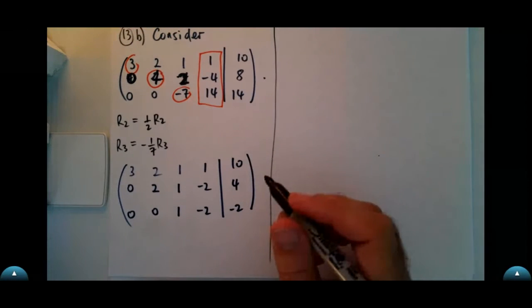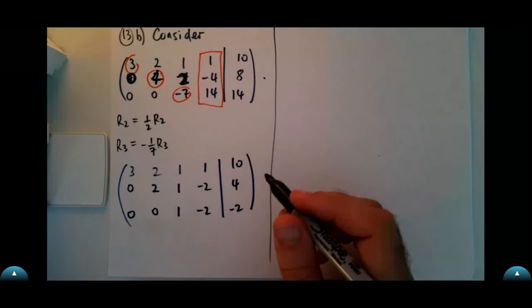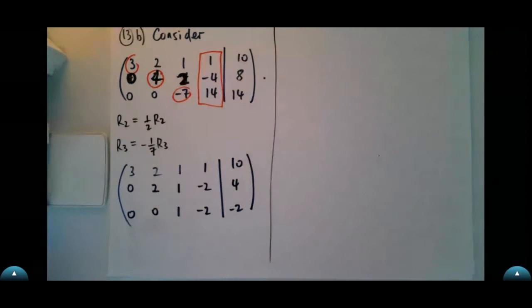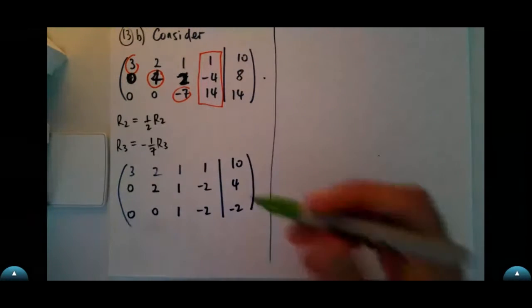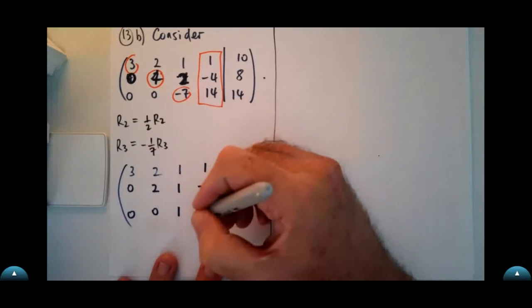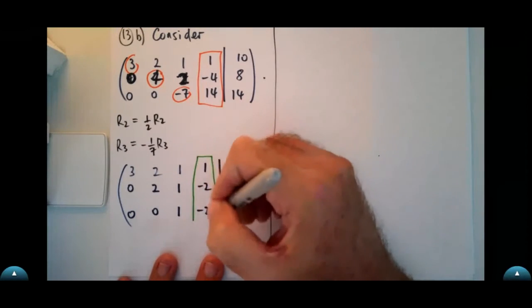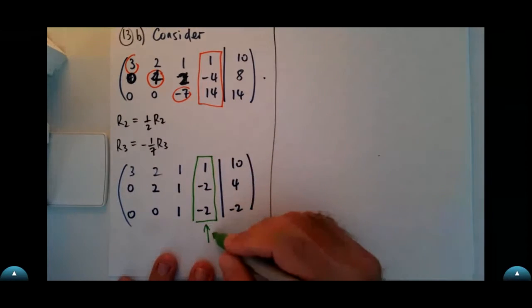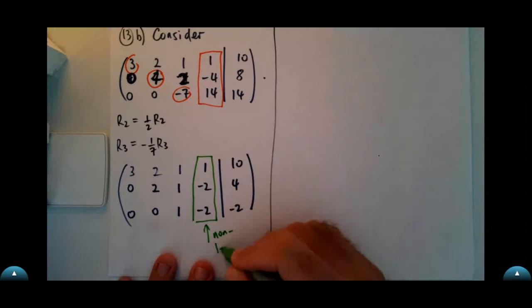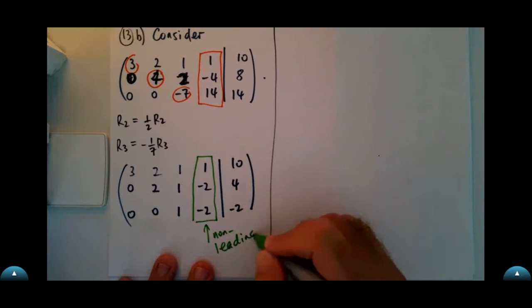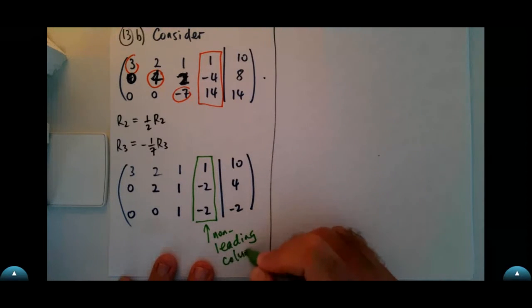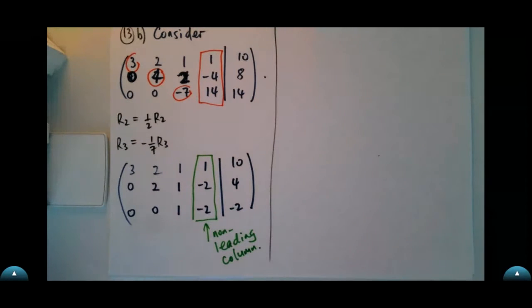So we should get something like that. Okay, so that's still in row echelon form, and the important thing now is that this is a non-leading column.